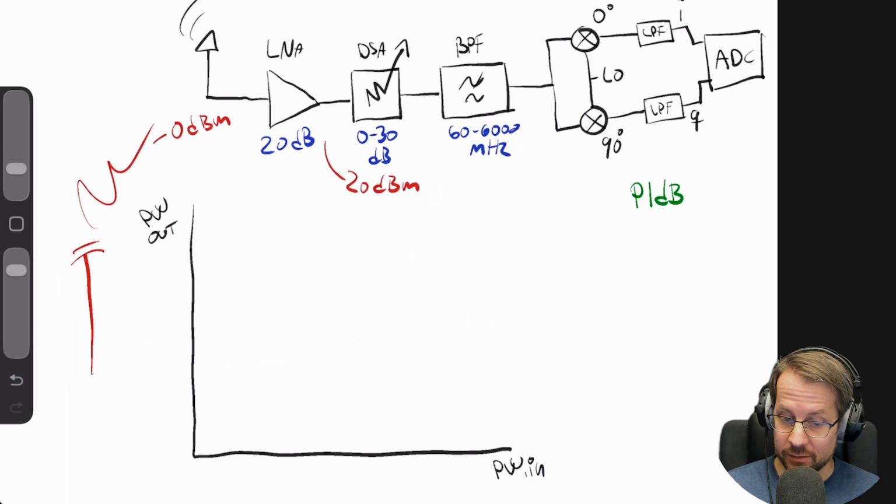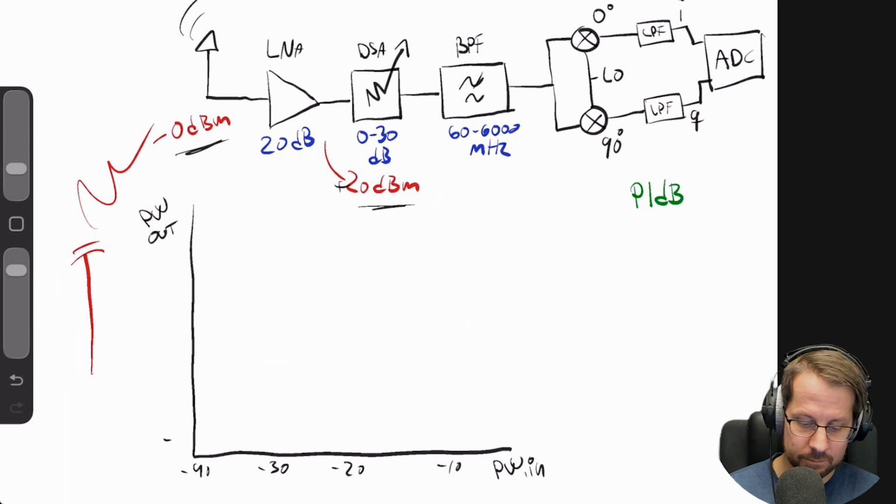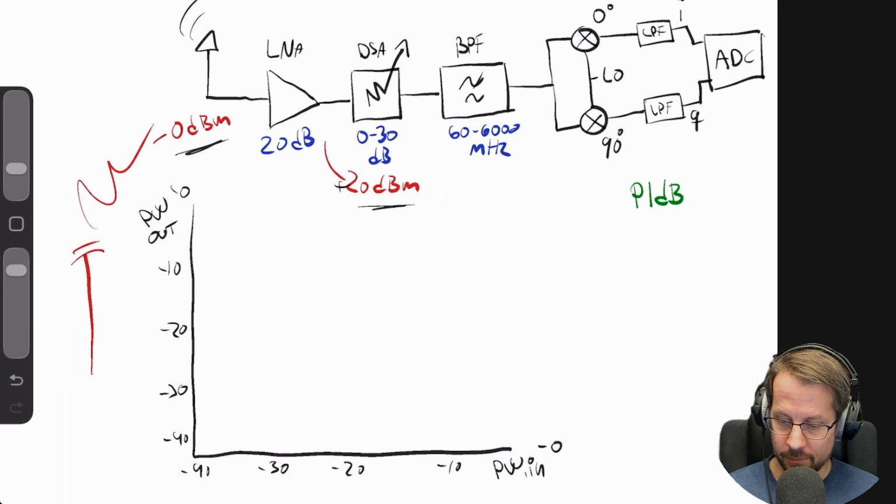So back to our signal, right? We had signal in, signal out. This line here below is the signal that we add in. Sorry about the handwriting here. So the amplifier will add 20 dB of gain for any signal in the range that it supports.